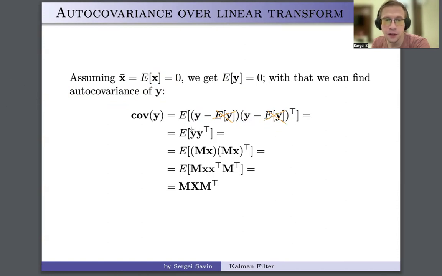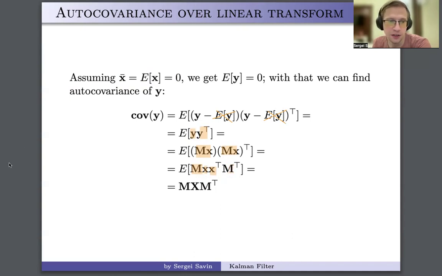So we have the mean of Y Y transpose, an autoproduct. But Y is equal to MX, so it is MX times (MX) transposed. We can open the brackets, and what we will see is MX times X transpose M transpose, right?